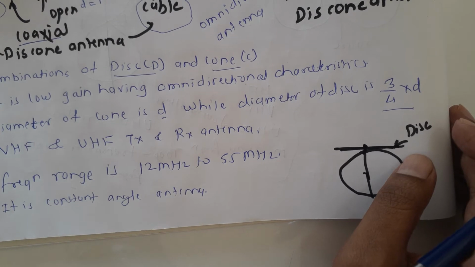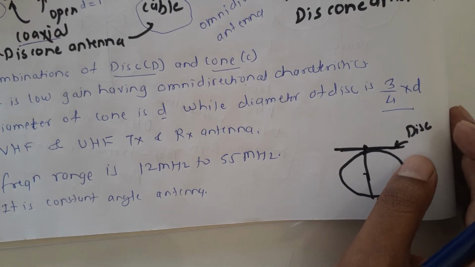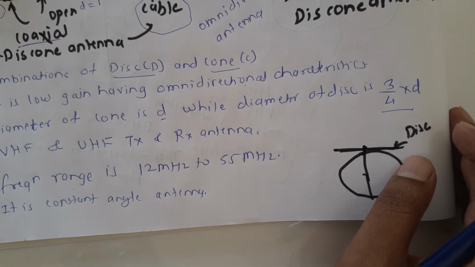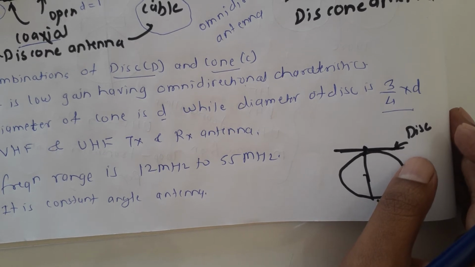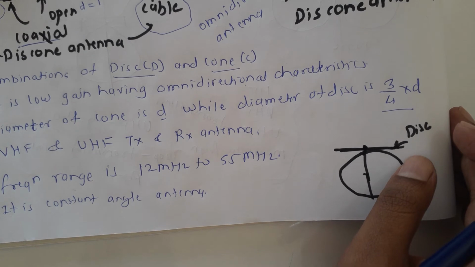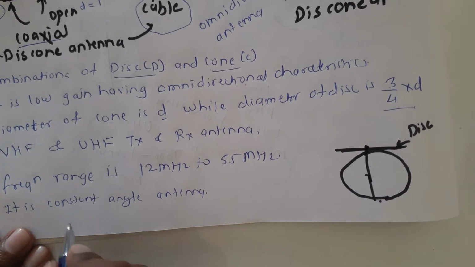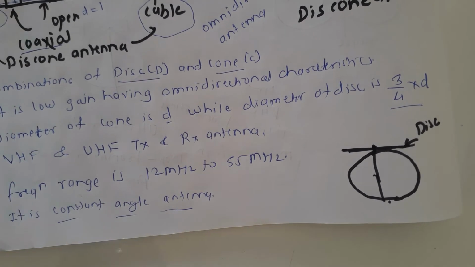VHF is very high frequency and UHF is ultra high frequency. Again, the frequency range for this antenna is from 12 MHz to 55 MHz. It is also called a constant angle antenna.